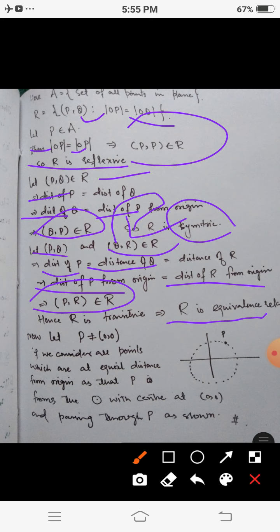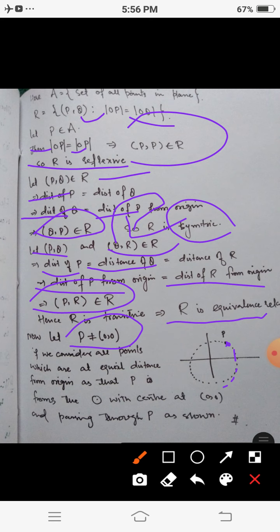Now let P be any non-origin point, that is P is not equal to (0, 0). Now if we consider all the points which are at the same distance from the origin as that of P, then clearly all such points form a circle, because points on the circumference are at equal distance from the origin, since the radius is the same throughout.